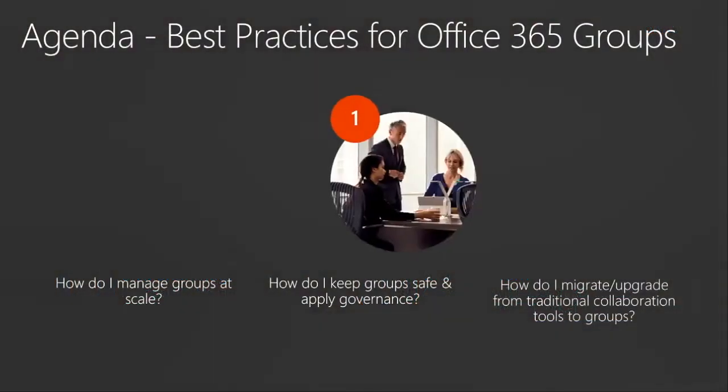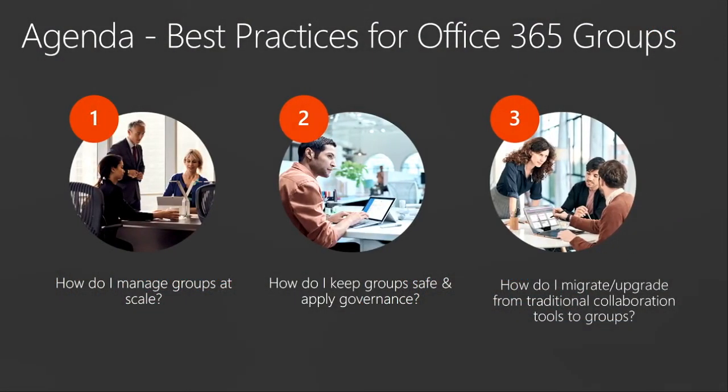So what are best practices for Office 365 groups, and why do we do that? It's just because when I work with customers, I see that there is a lot of confusion around Office 365 groups. Should I enable that? Should I disable them? What's the best practice to use them in the market? And how to have a good governance around Office 365 groups, and how to keep groups safe and manage them at scale.